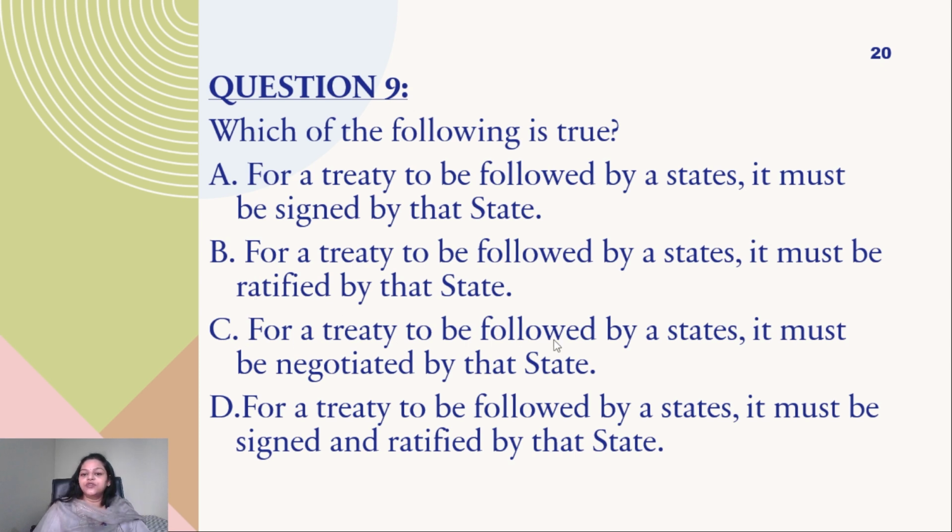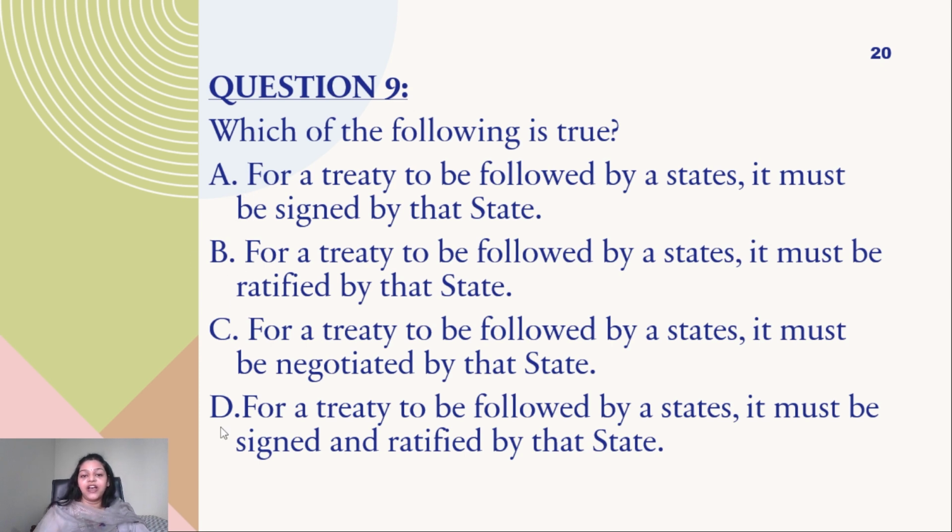C, for a treaty to be followed by states, it must be negotiated by that state. No. But if we read option D, it says signed and ratified both. If we read alternative B, we may in a hurry just tick option B as the correct one, but we must pay attention to all the options.